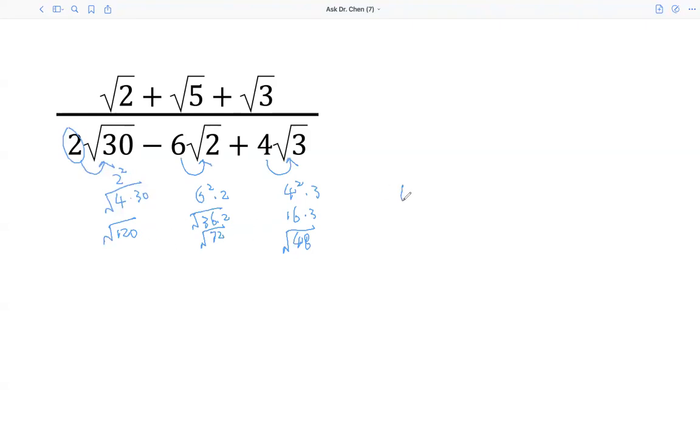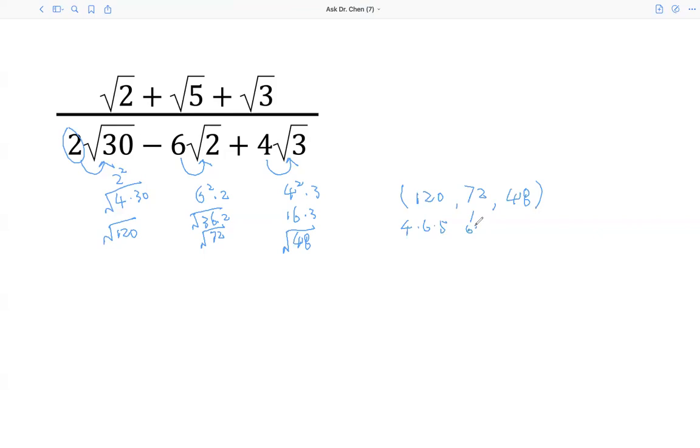So let's think about 120, 72, and 48. 120 we know is 4 times 30, and 30 is 6 times 5. 72 is 6 times 6 times 2, that is 6 squared times 2.